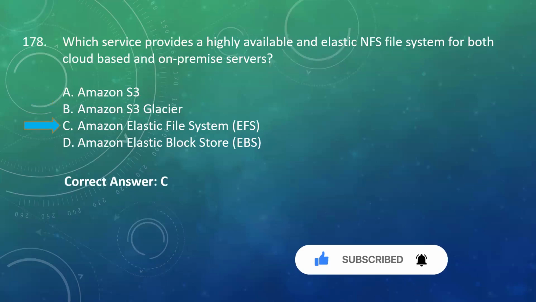EFS is designed to provide a simple and scalable file storage solution for cloud-based and on-premise servers. EFS supports the NFS protocol, which is Network File System protocol, making it compatible with a wide range of operating systems and applications.